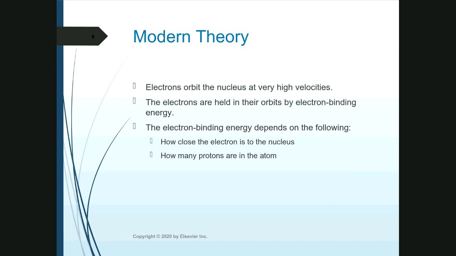When we look at the electrons, we said that they orbit the nucleus on the orbital shells, or electron shells, at very, very high velocities.